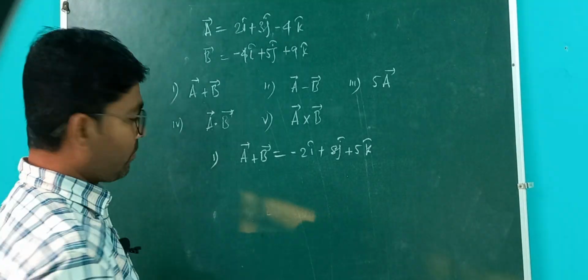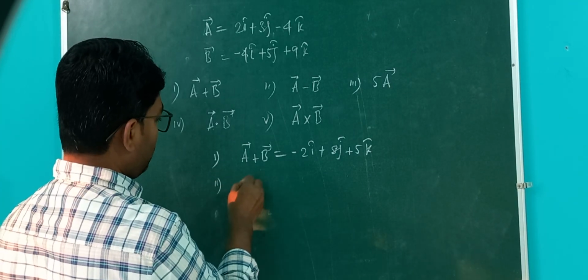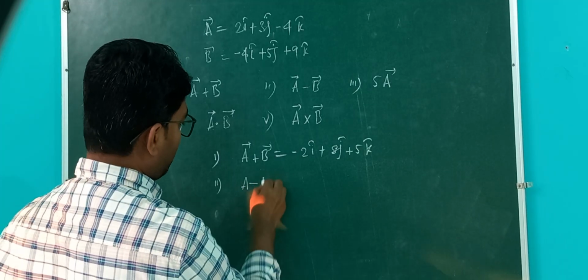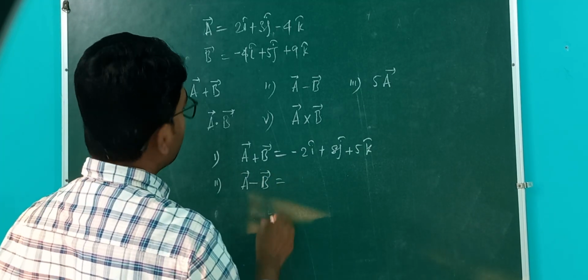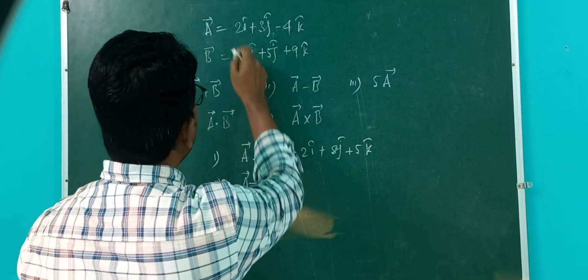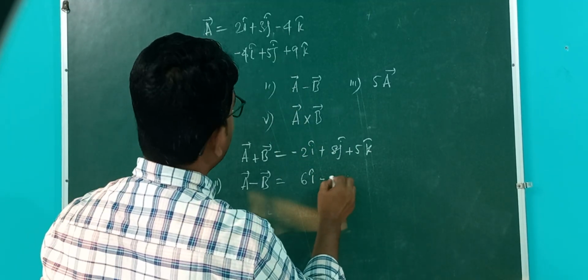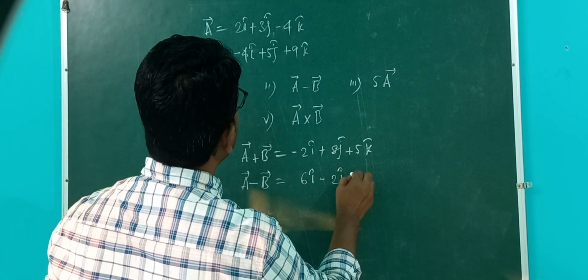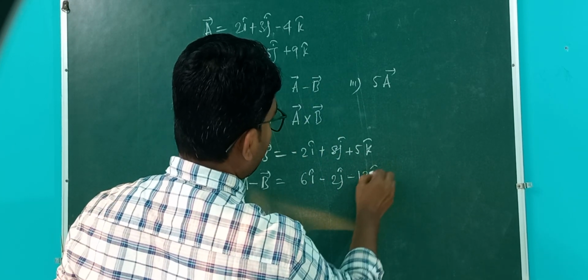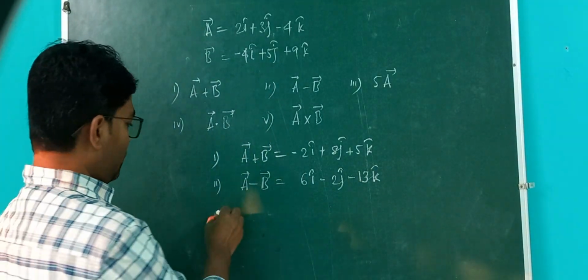It is very simple. Number 2, A minus B: just subtract component-wise. 2 minus minus 4 is 6i, 3 minus 5 is minus 2j, minus 4 minus 9 is minus 13k.